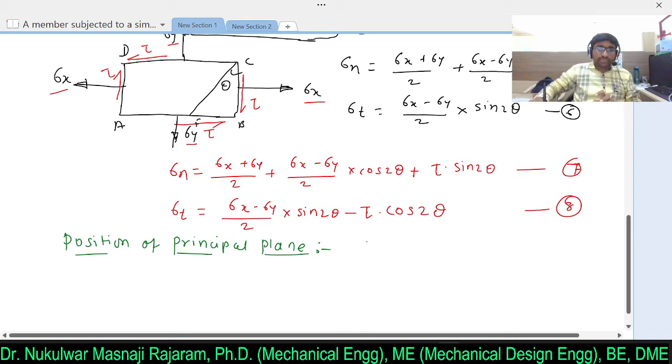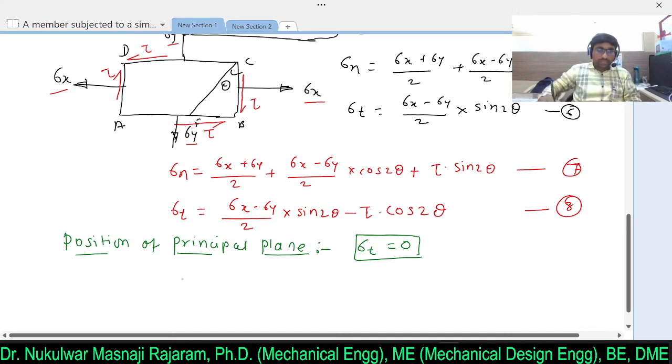The condition is that the shear stress, sigma t, must be equal to 0. Clear? This is very important. What is principal stress? A stress in which normal stress is present and shear stress must be equal to 0. What is principal plane? A plane on which only normal stresses act, and shear stress must be equal to 0.